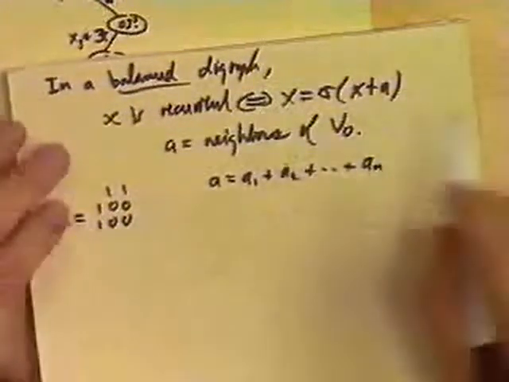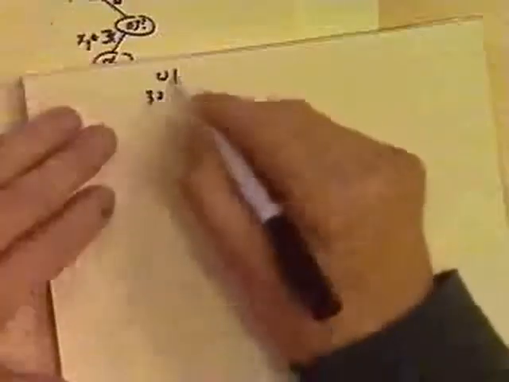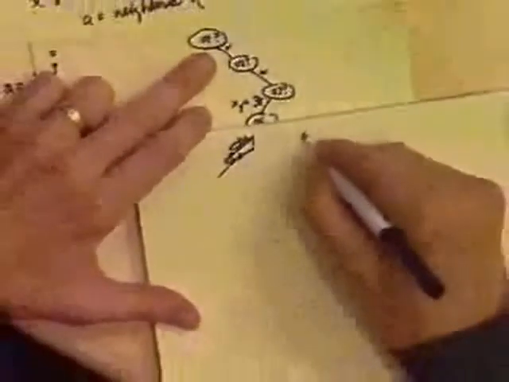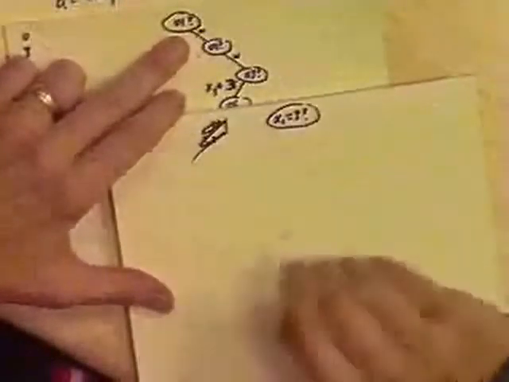So now, if I have a recurrent state, I want to find the corresponding spanning tree, and what I do is I first ask if x1 is equal to 3.